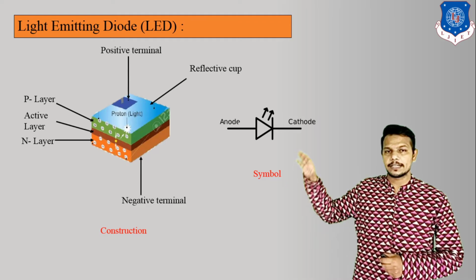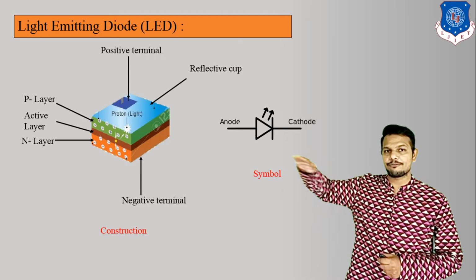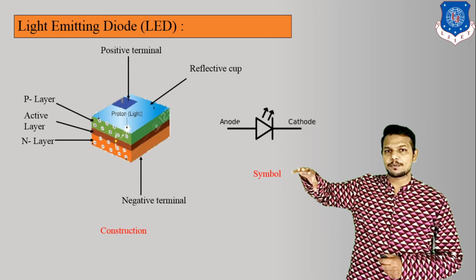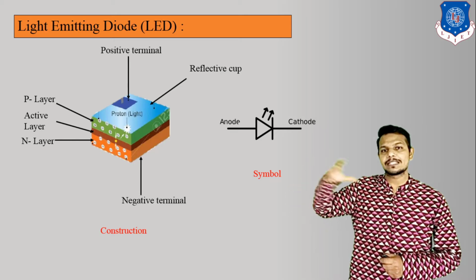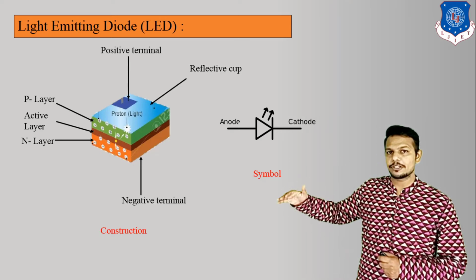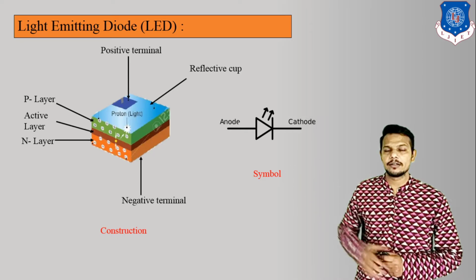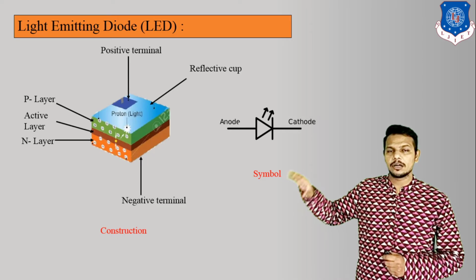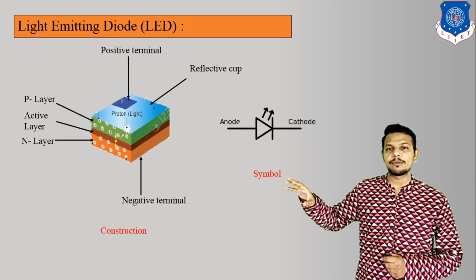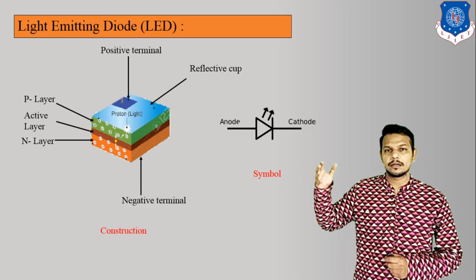In this construction, first is a reflective cap which is transparent, and through this cap we will see the light. Then in the green surface, this is the P layer where we can see the recombination process, and due to this recombination we get light.